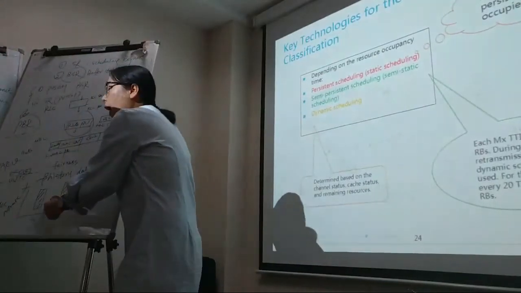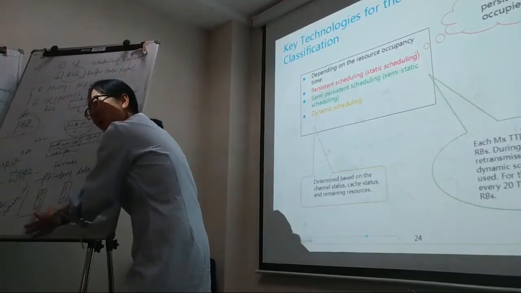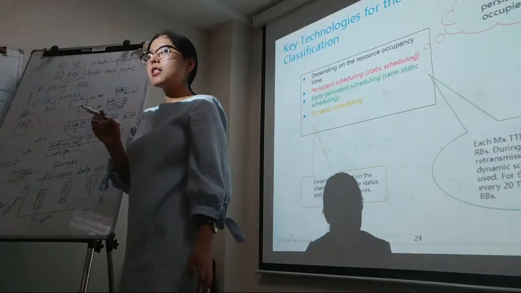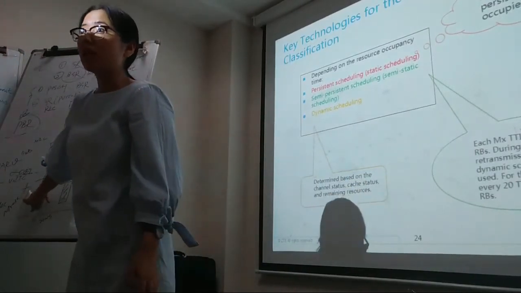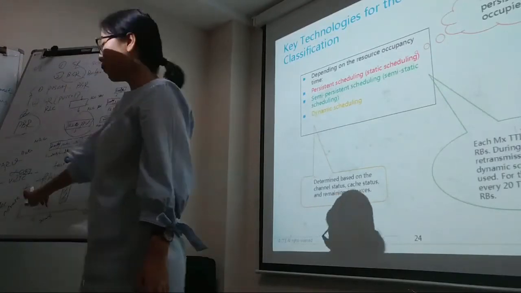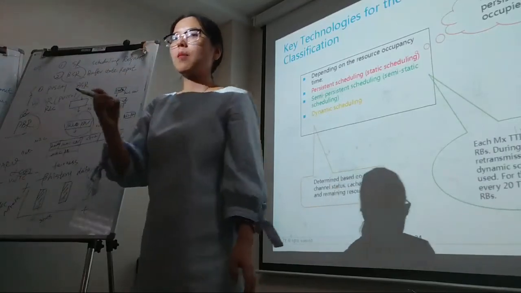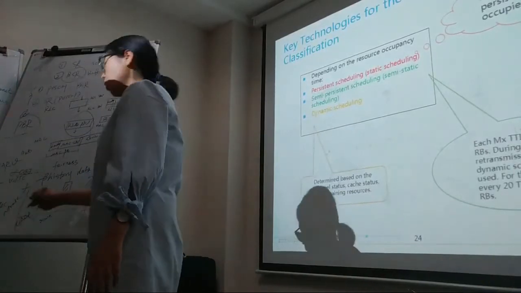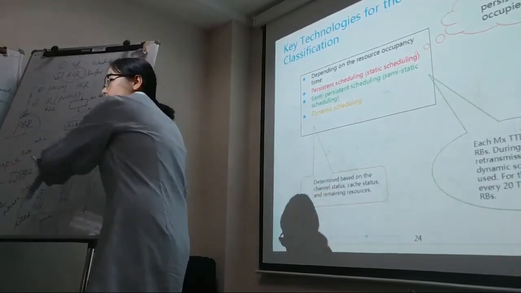If I wait for the SPS scheduling, the waiting time is too long, 20 milliseconds. So at this time, for the retransmission, we will use dynamic scheduling for the voice. If we retransmit the packet, we will use dynamic. That means if there is a NACK feedback, I will apply for the resource to transmit. I will not wait for the SPS.